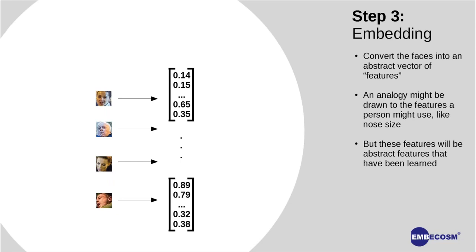But this is an analogy to what's being done here. We're trying to extract features from the faces, but very often they won't be human recognizable features. These features will probably be chosen by some machine learning algorithm to be the features that give them the best results.